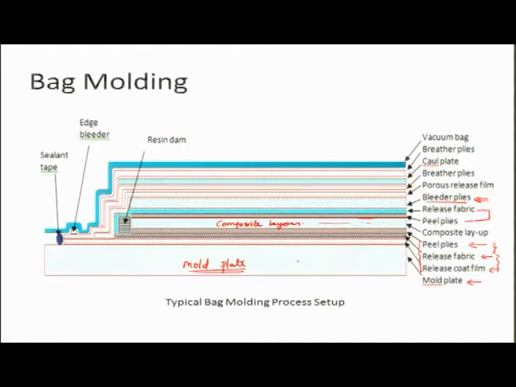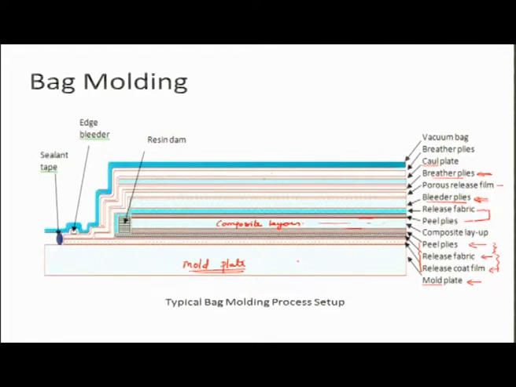On the bottom side you also have a peel ply, so that is assured as well. Then on top of the bleeder plies you have again a layer of release film and breather plies. The bleeder plies allow the flow to go through and absorb it, and the breather plies are placed so that all the extra air can get out.